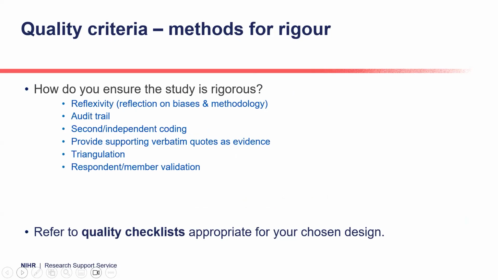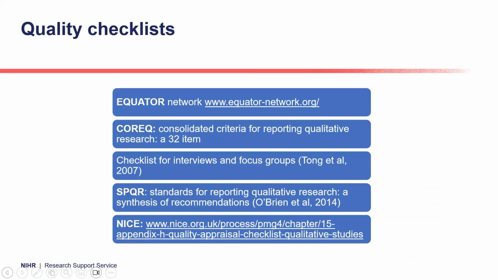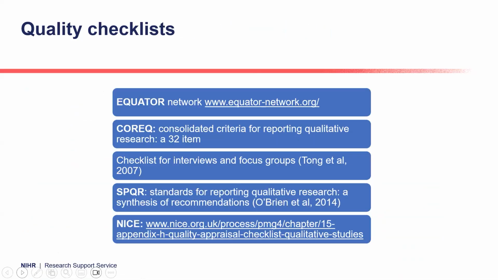Perhaps you want to complete an audit trail, that is to make sure you record all your decisions of how you recruited your patients, how you analyze your interviews and all that, or perhaps you want to add another person, another coder that can help you coding the data. Quality checklists are also helpful, and I think that's the next slide, isn't it? Yeah, so here are some links and some references if you wish to look for these.